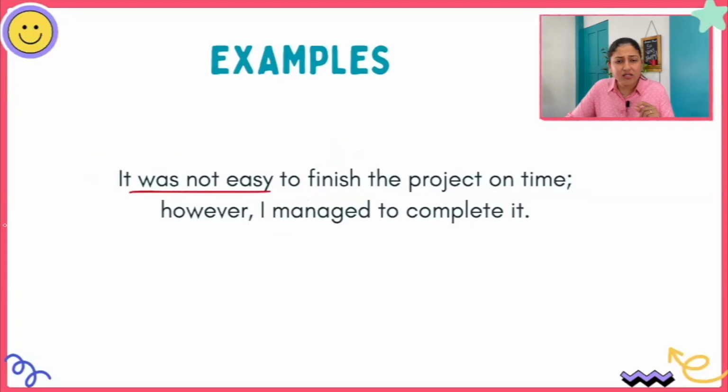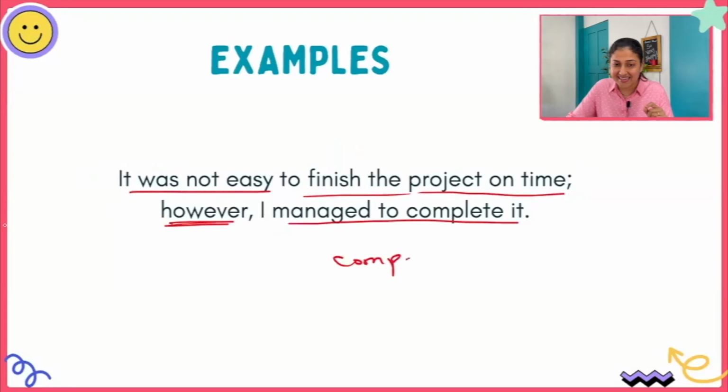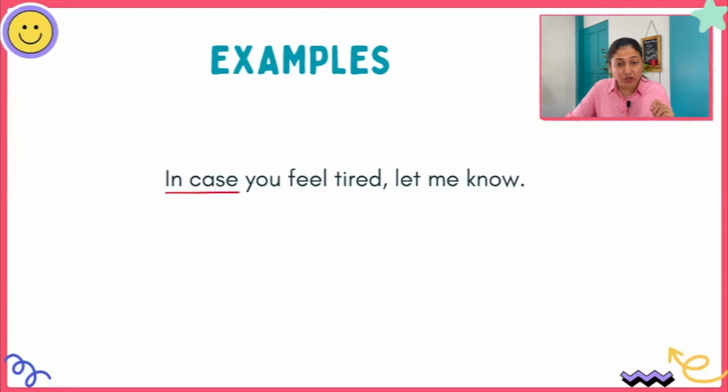It was not easy to finish the project on time, semicolon. However, I managed to complete it. This is also a compound sentence. Cool. Let's move on to the next example. In case you feel tired, let me know.